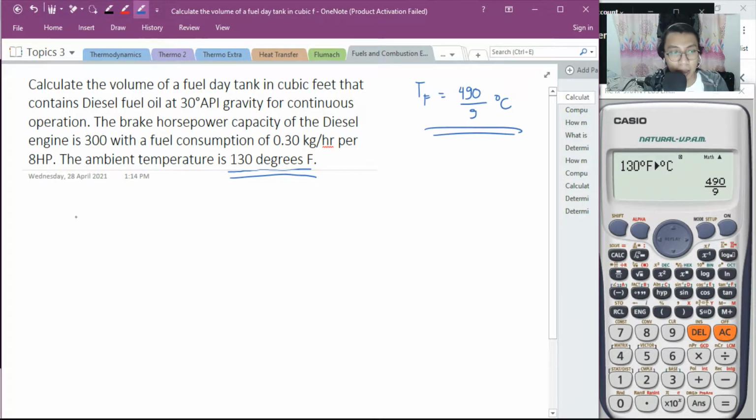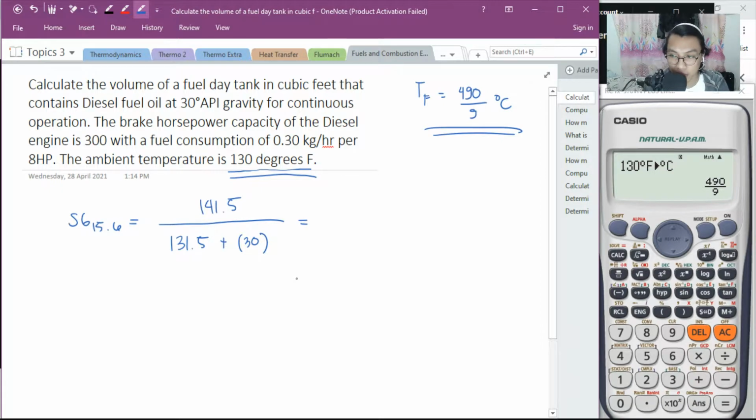First one, hanapin natin yung SG at 15.6 degrees Celsius. Di ba given niya ng 141.5? Sir, hindi namin nakikita yung formula mo sa ibang book. Sinimplify mo na kasi to. Commonly yan nandito, degree API. Pero lagi tayo naghahanap ng SG, so ginawa ko ng SG. Okay? Sinimplify ko na yan. Plus 30.